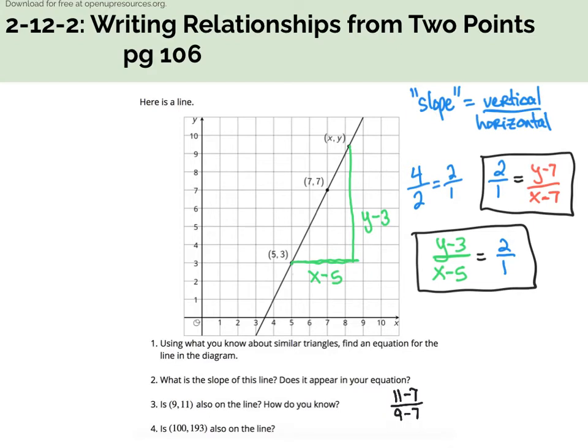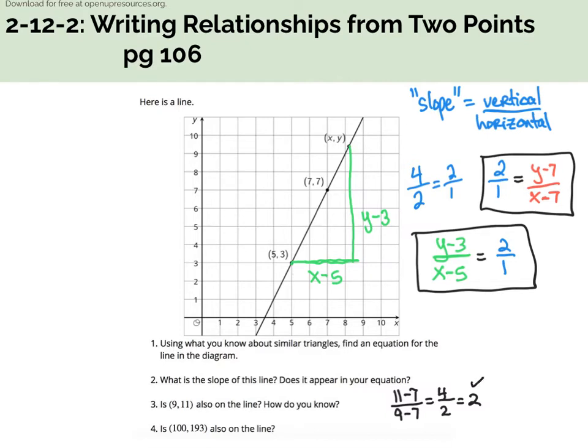Grab your calculator. 11 minus 7 is 4. 9 minus 7 is 2. Reduce that down, and that equals 2. Does that equal the slope that we found before? Well, 2 over 1 is the same as 2. So is 9, 11 on this line?